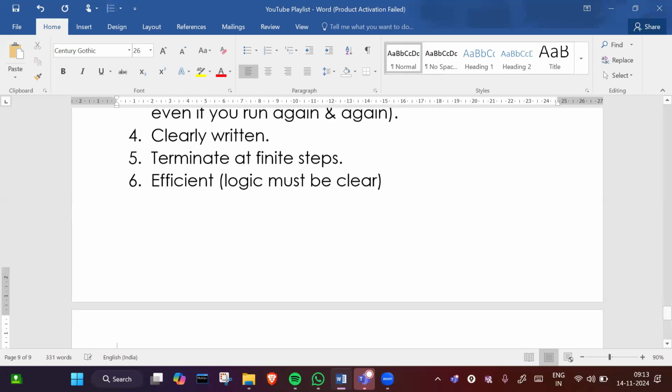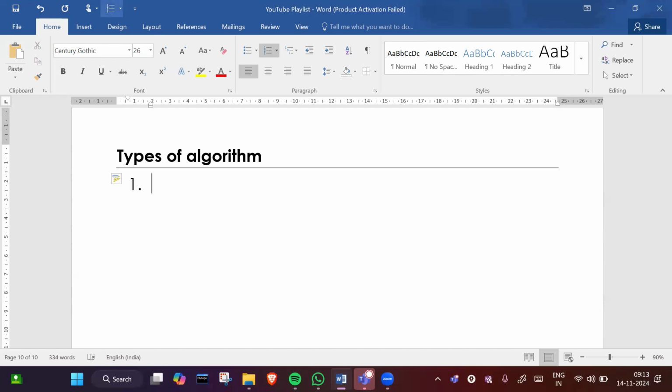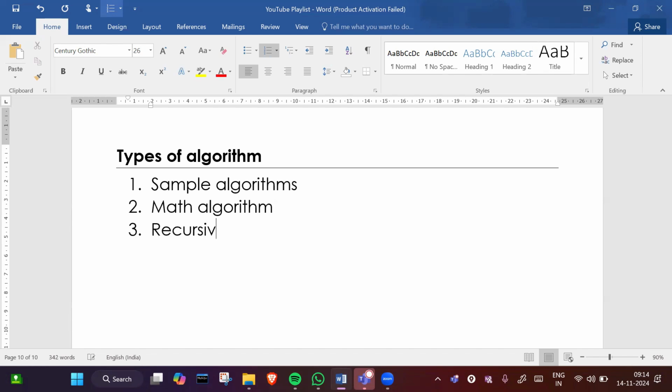Now let's understand what are the types of algorithm we are going to study. So types of algorithm. The first type is simple algorithm, and then we have math algorithm, then we have recursive algorithm.